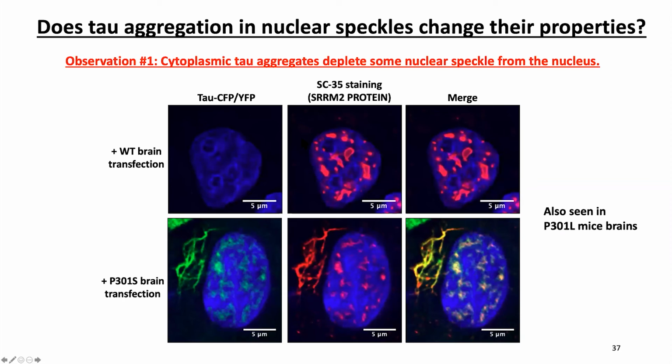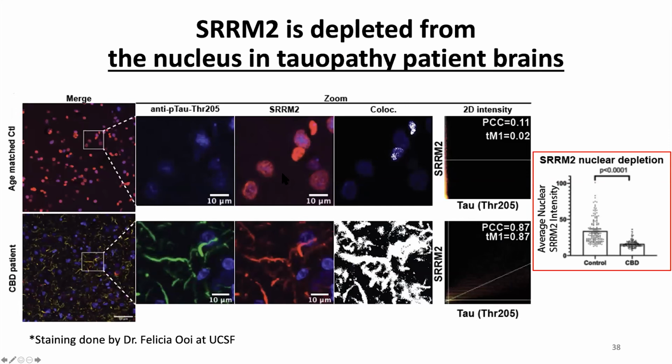You can see that here there's very bright nuclear speckles, and here they're much dimmer. That's because about 50% of the protein has moved from the nucleus, where it's supposed to be, to this big tau aggregate in the cytosol. So you've removed proteins from the nucleus where they're supposed to be and moved them to the cytosol. And of course, that means this protein can no longer do its function as efficiently as it used to. And I want to point out that this redistribution of proteins is also seen in patients.